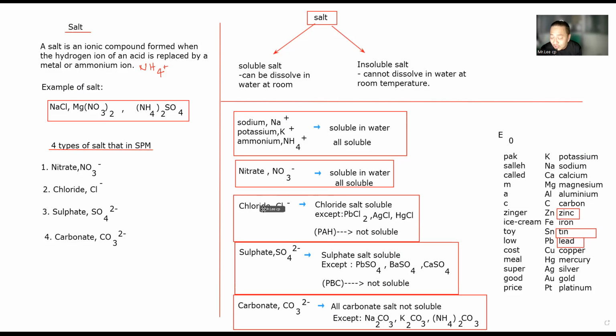Chloride, PbAgHg, not soluble. Sulfate, PbBaCa, not soluble. Carbonate, no need to say, all not soluble. If you want the soluble one, you go back and find this one: potassium, sodium, and aluminum, not aluminum, what am I saying? Ammonium, I'm sorry.